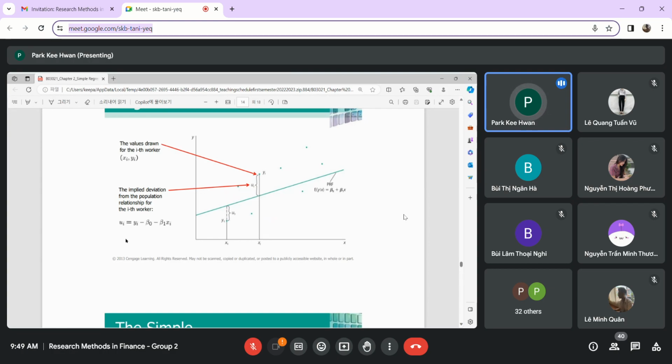So the ui is the error term, the difference between the actual and the average wage in the population. So some workers earn a higher wage than the average wage in the population given this value of x1.